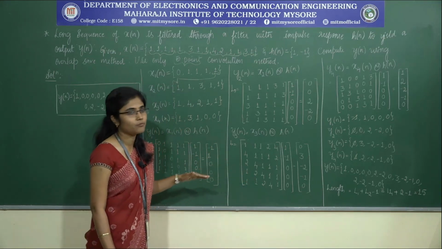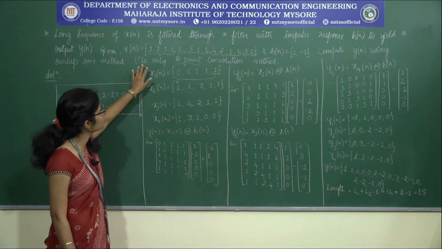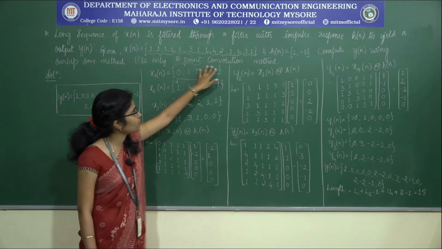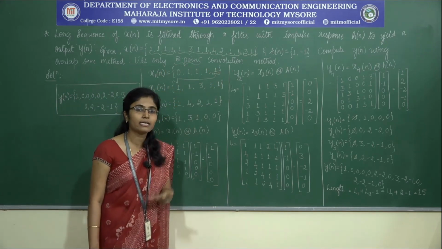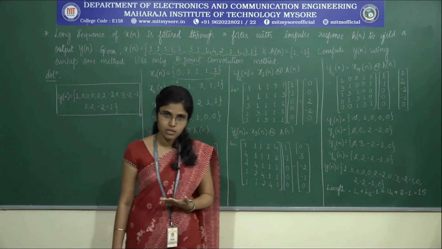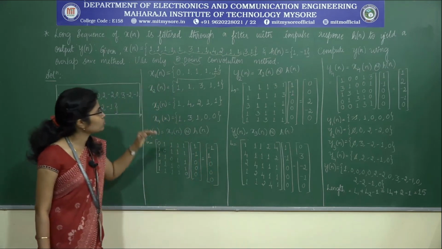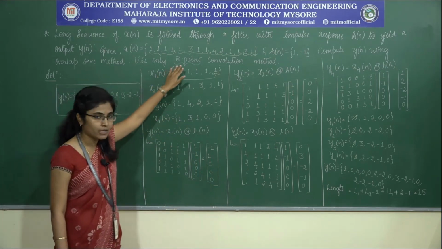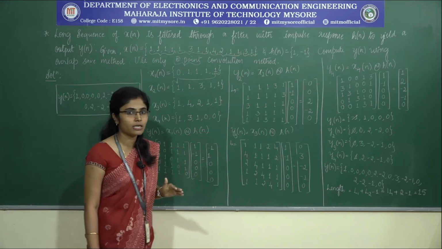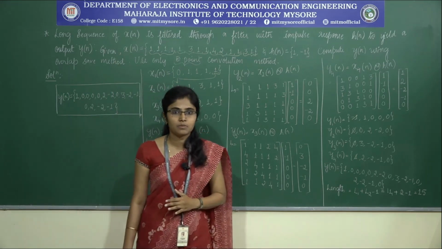Whereas in this problem, they indicated us to use only 5-point convolution method. So they directly gave us the value for capital N. So I directly took the value of capital N as 5 and continued the same procedure that I need to continue for overlap save method.